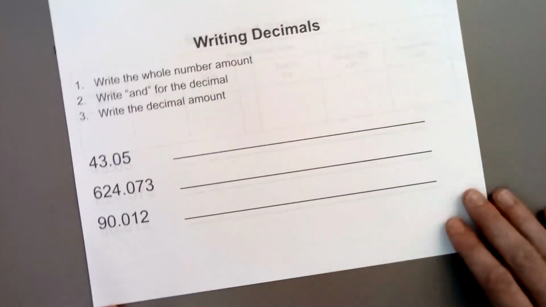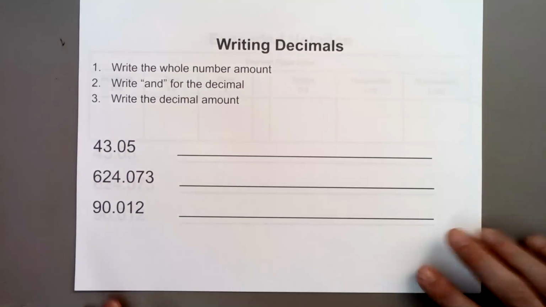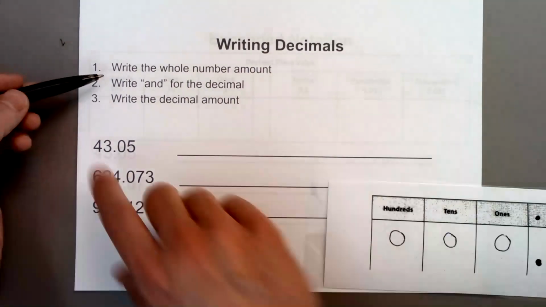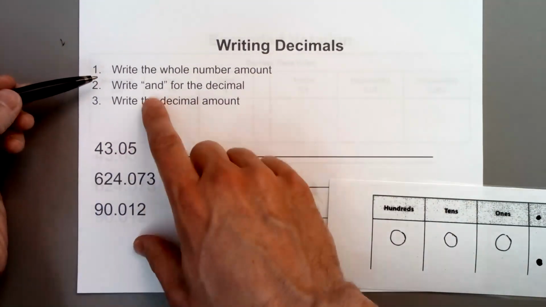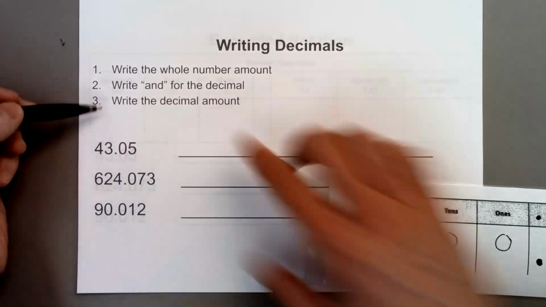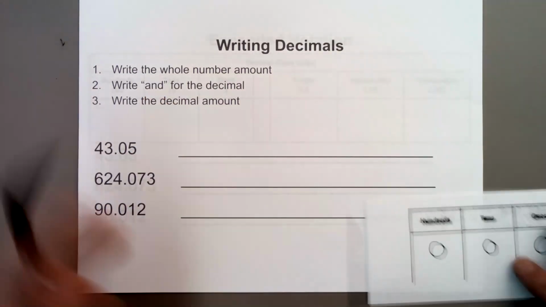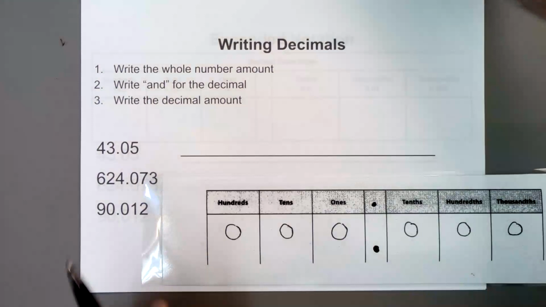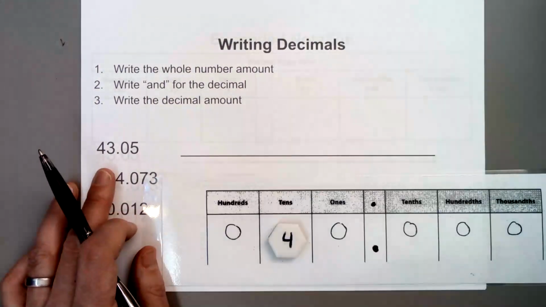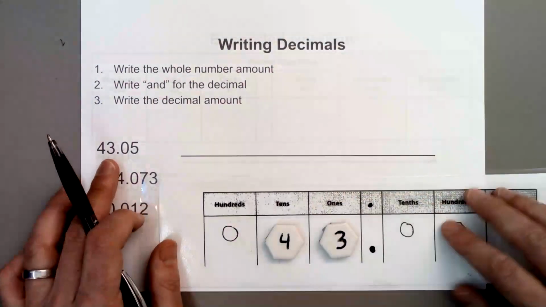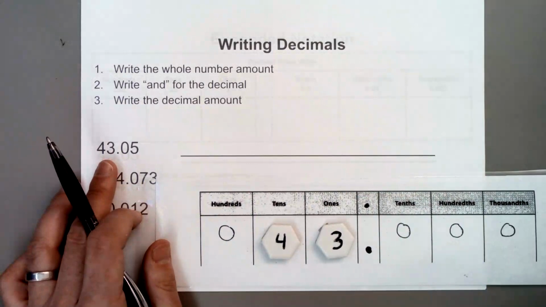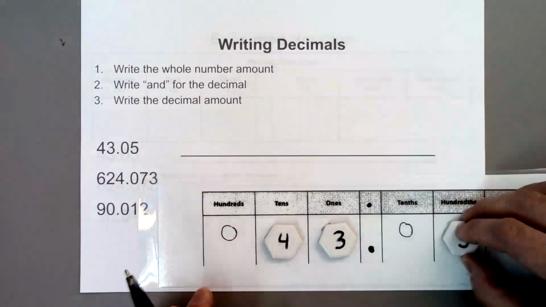Here we're going to stick with the word form of these decimals. First, we're going to write the whole number amount. Then we just write "and" for the decimal point, and then we write the decimal amount. So I will make these decimals on my place value chart. I have a 4 in the tens place, a 3 in the ones place, a 0 here in the tenths place, and a 5 in the hundredths place.